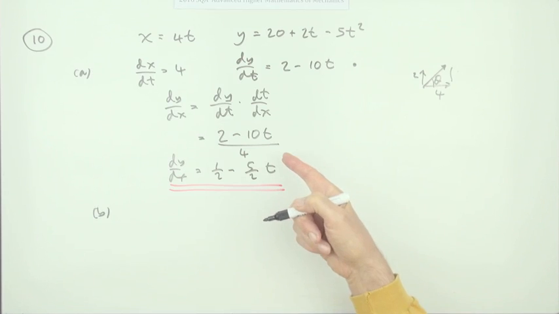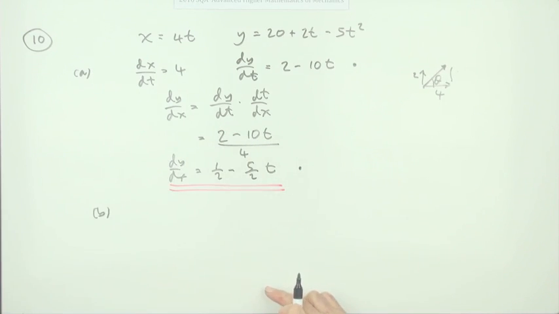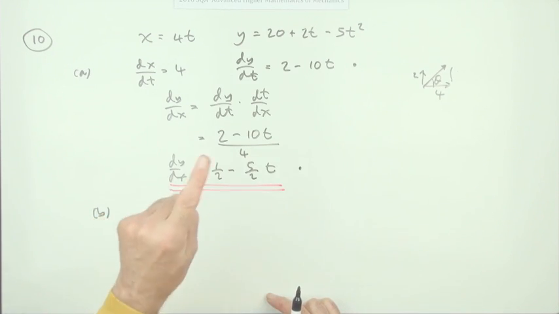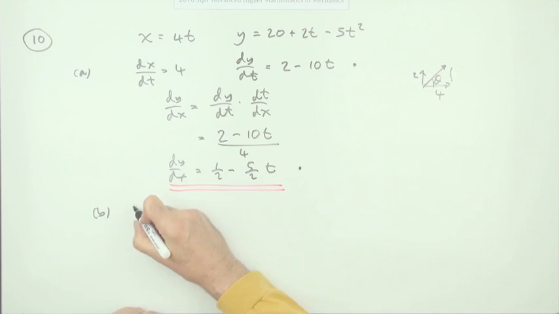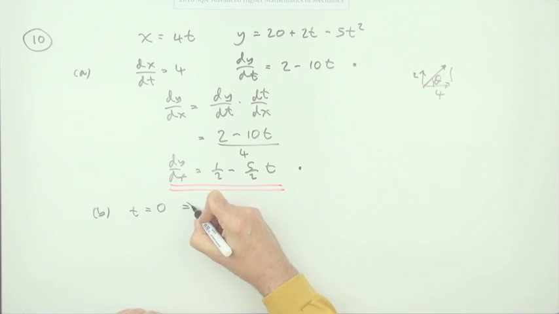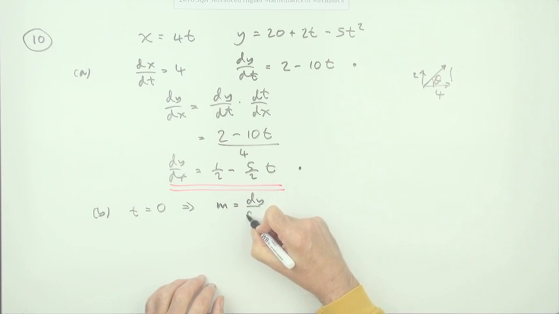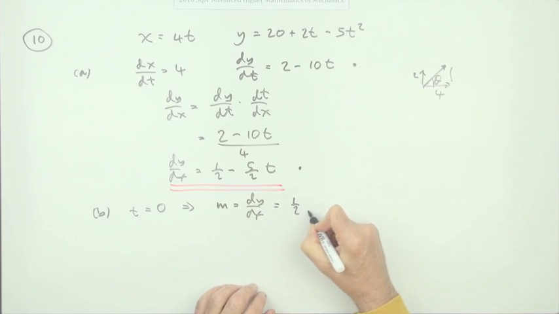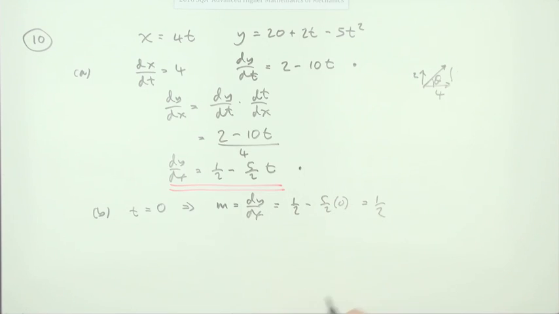Anyway, since they're leading you along this path, I presume they're going to say, what's the angle of projection? Well, of course, if that's the gradient, then the gradient's the same as the tangent of the angle. And at the start, t would have been 0, so you're working out what happens at t equals 0. At t equals 0, the gradient's going to be given by dy by dx, which is a half minus 5 upon 2 times 0, which is a half.